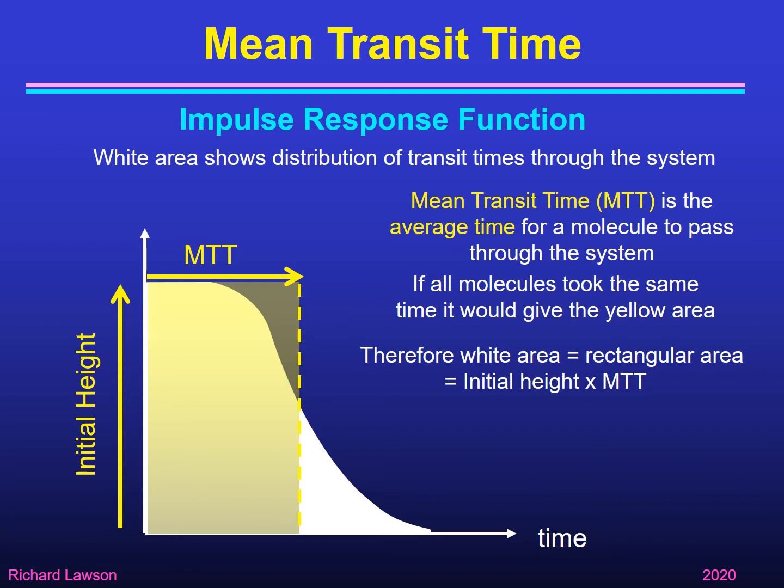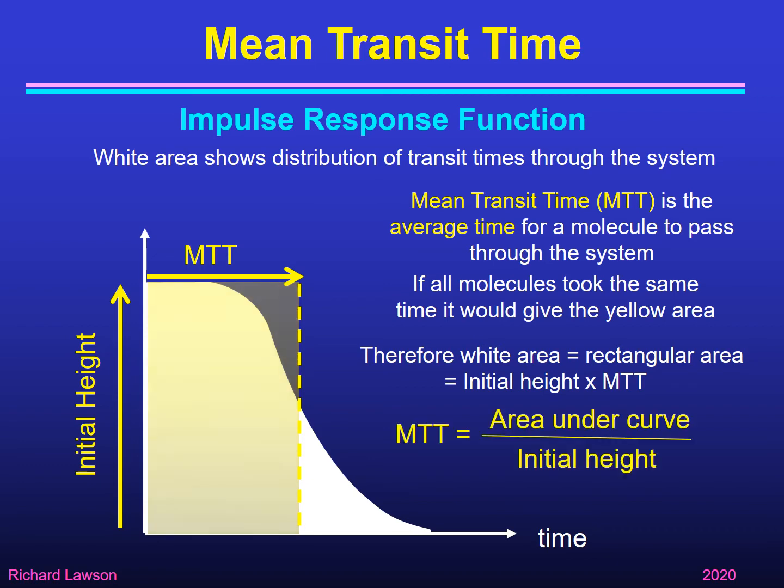So if the height times MTT is equal to the white area, we can say that the mean transit time is just the white area, the area underneath the impulse response curve, divided by the initial height. So if we have this impulse response function, it's easy to calculate the mean transit time through the system. That's one reason why this impulse response function is such a handy thing to have.